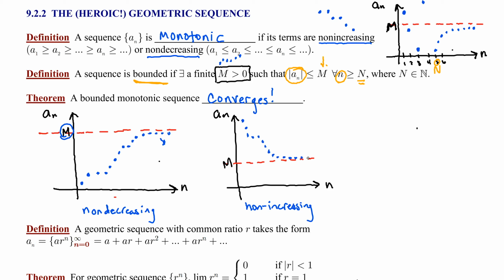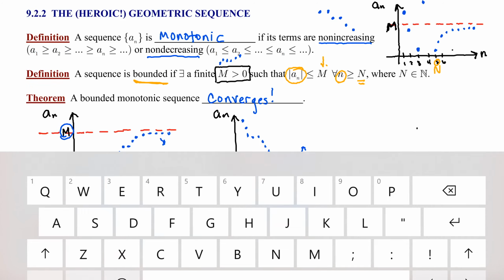In this case, you can see how it is definitely going to converge. If the sequence can no longer increase past a certain point, it is either decreasing or staying the same, it's going to level out there at that horizontal asymptote M. So both of these vocabulary words, monotonicity and boundedness, will be involved in our study of the geometric sequence.